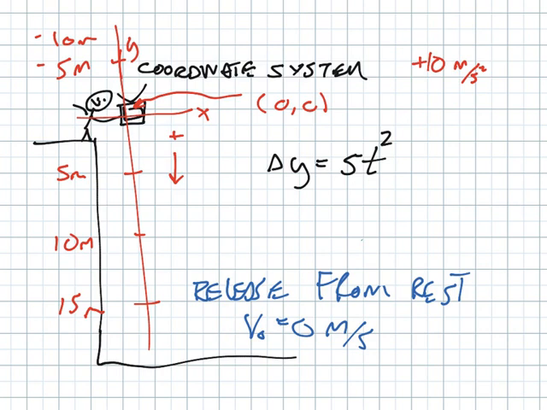So let's figure out 20 meters. That's how high above the ground you are. If I release something from 20 meters above the ground, how long will it take to hit the ground?